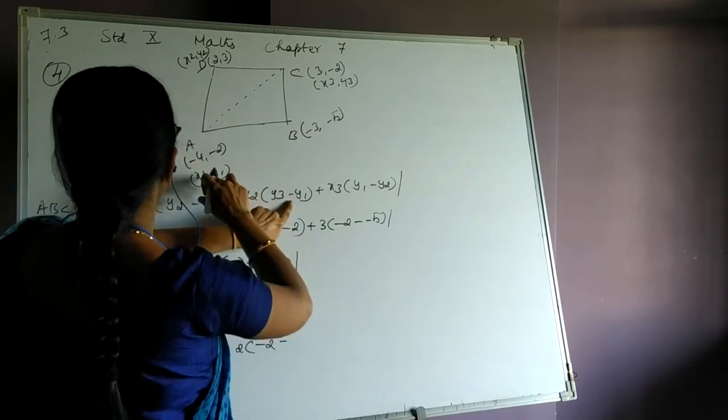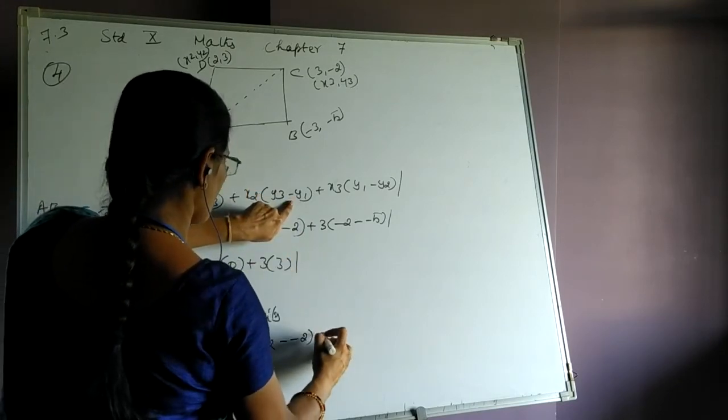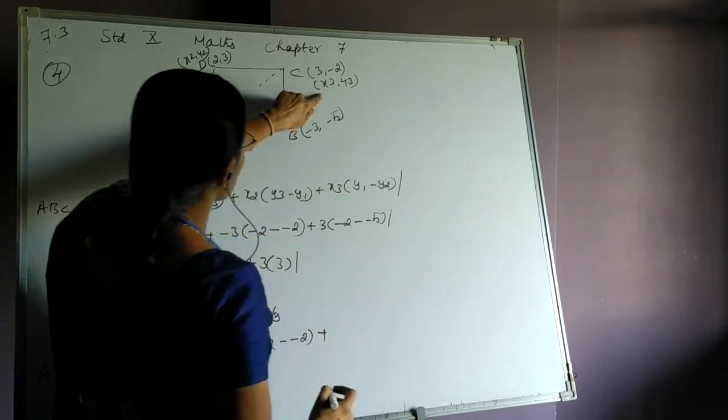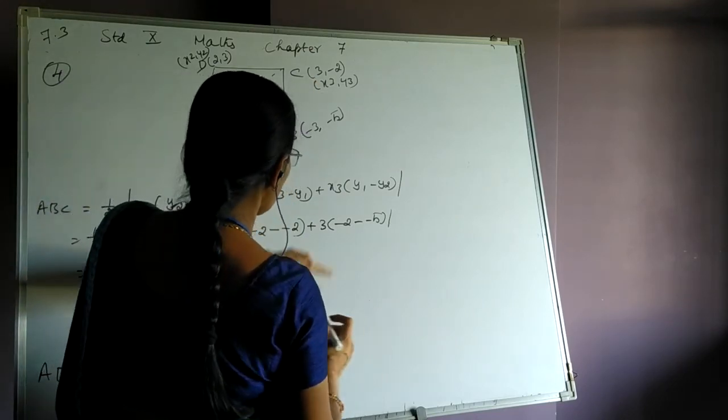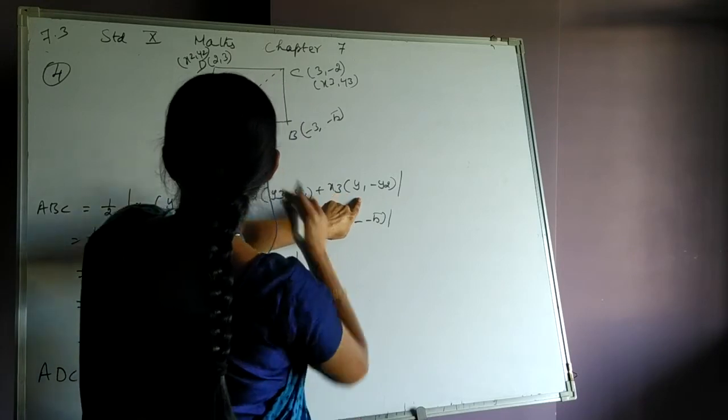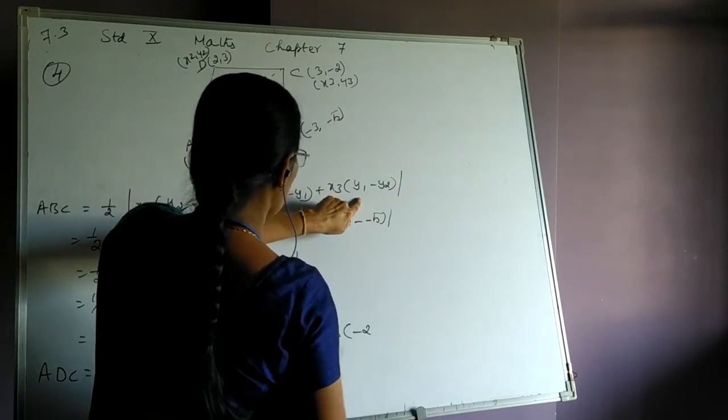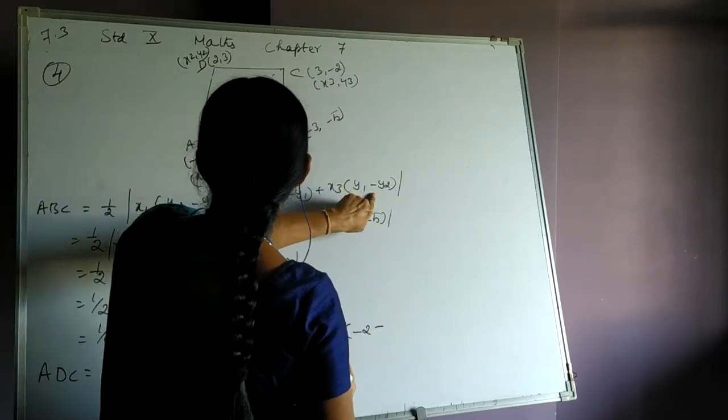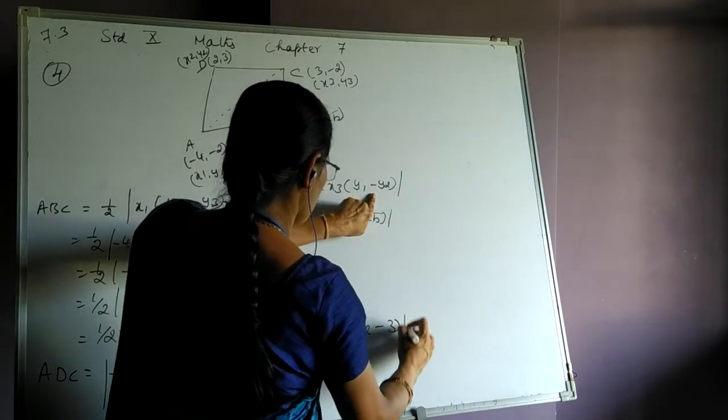Similarly, we are going to get the area of ADC. Taking this as x1 y1, x3 y3. Now I am going to take this as x2 y2. So now remember only this triangle, not this triangle.